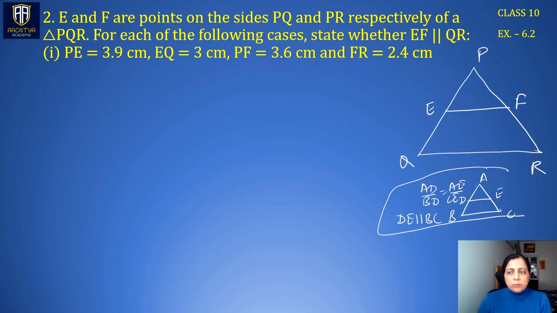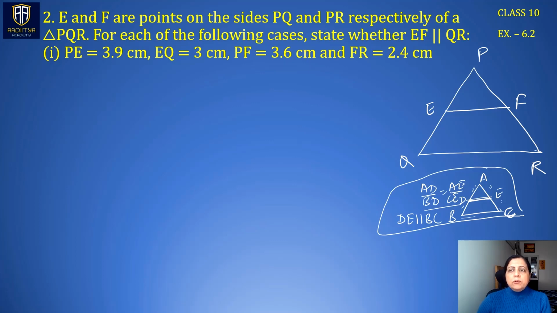If you haven't watched that video, please go back. It explains a lot about all these basic concepts. So this is the converse of the theorem: if the ratio of these two parts on both sides is the same, then this line DE will be parallel to BC. So here in this question we have to check whether EF is parallel to QR or not.